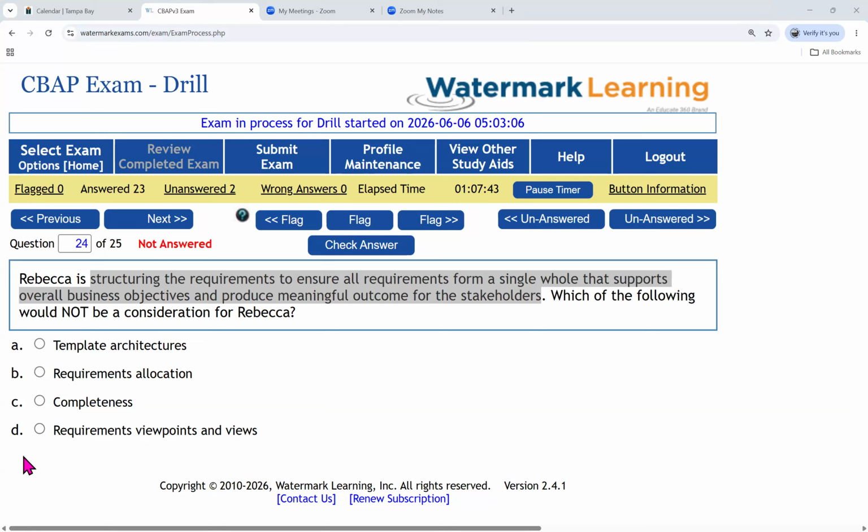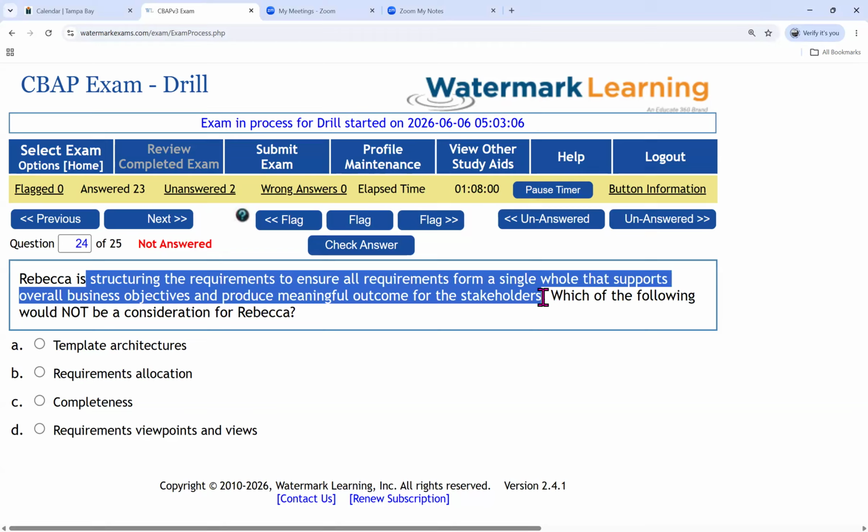So if she's validating, well, wait a minute. She's structuring the requirements. No, after validation, a single whole, the architecture.